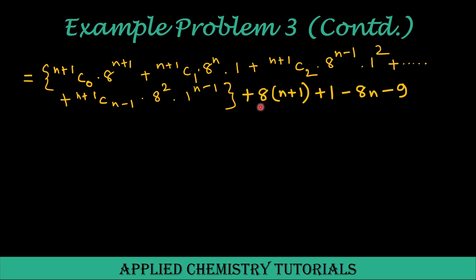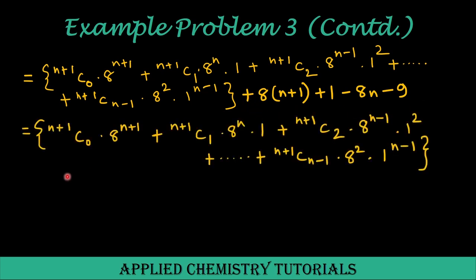So the penultimate term which was in the second bracket we can simplify as plus 8 multiplied by n plus 1, and the ultimate term we can simplify as plus 1, and we already had minus 8n and minus 9 outside of the bracket. So the purpose of doing all this is we can cancel out each of these terms outside of the bracket and it will turn into 0.